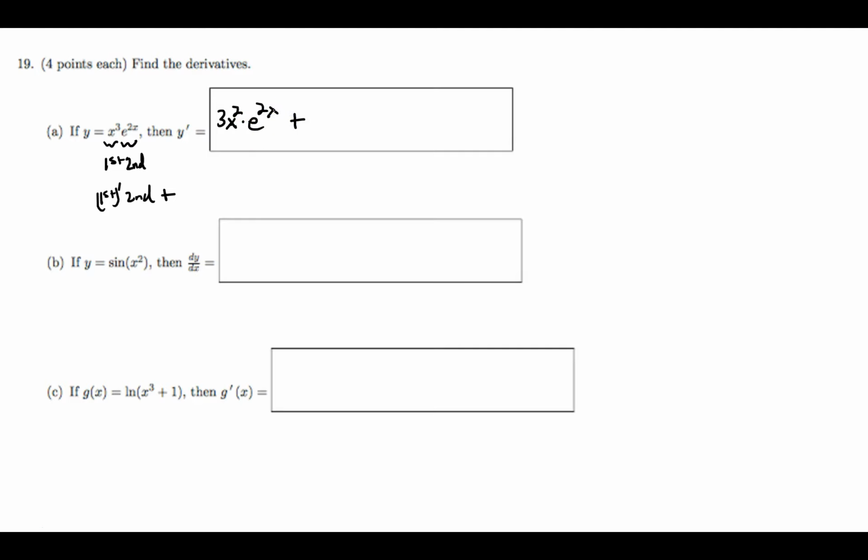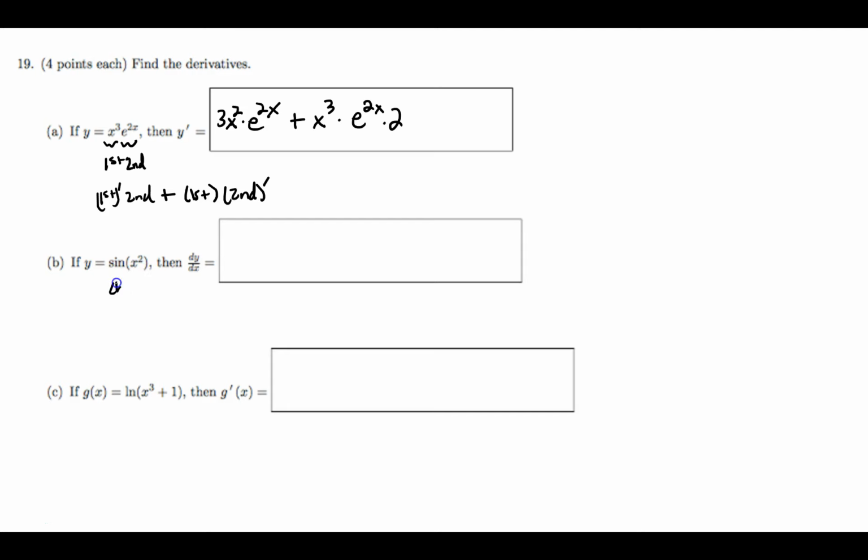Then you put a plus sign, and you leave the first function alone, x cubed. That gets multiplied by the derivative of the second function, e to the 2x. But don't forget to multiply by 2, the derivative of the exponent. You can just leave it like that. Maybe pull the 2 out front, in front of the second term there.